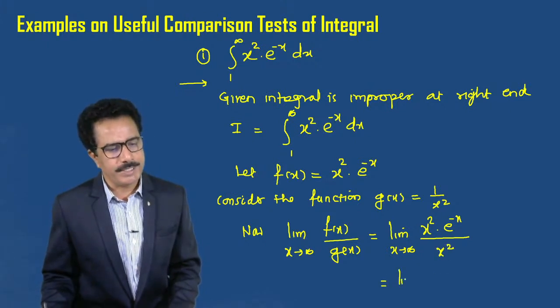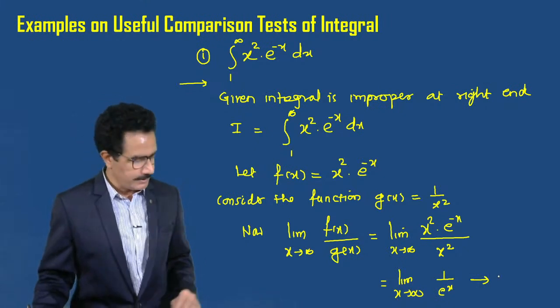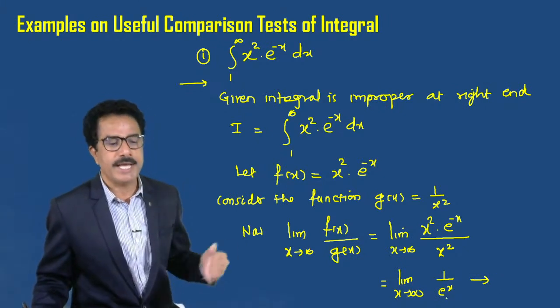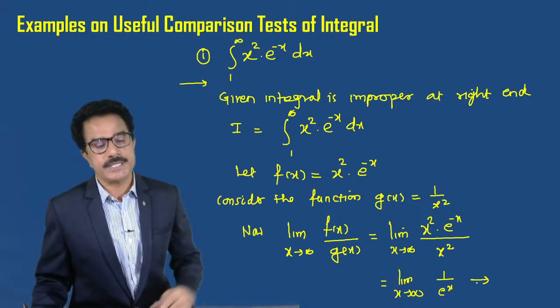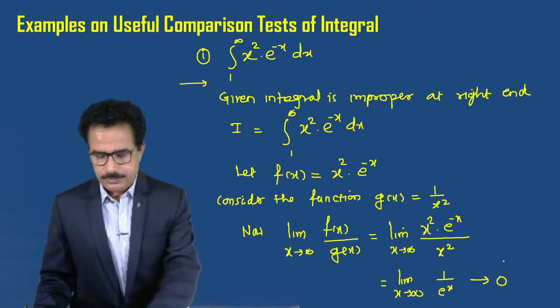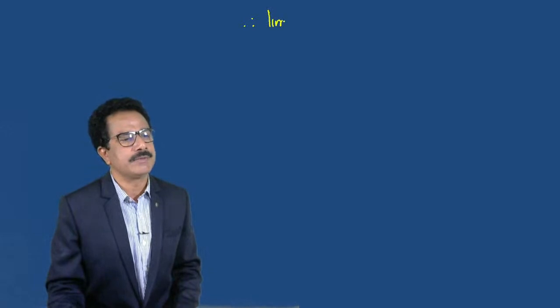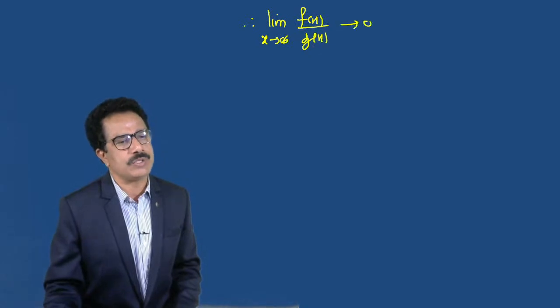So this is the limit as x tends to infinity of 1 upon e raised to x, and as x tends to infinity, 1 upon e raised to x tends to 0. That means this goes to 0. Therefore the limit as x tends to infinity of f of x divided by g of x tends to 0.